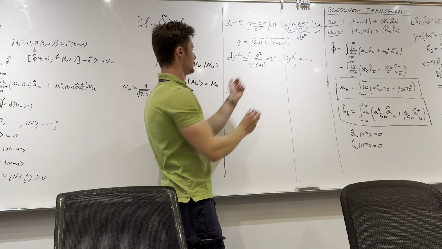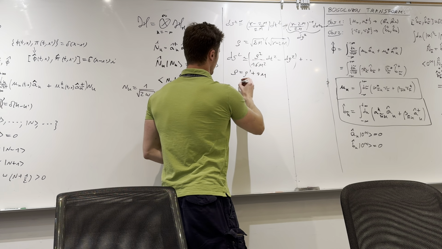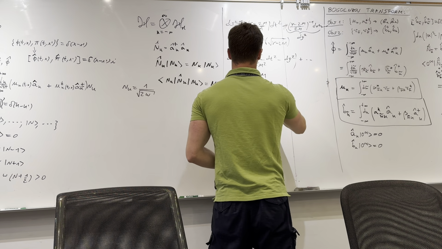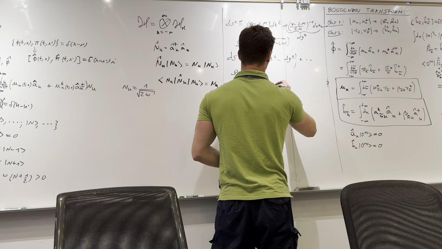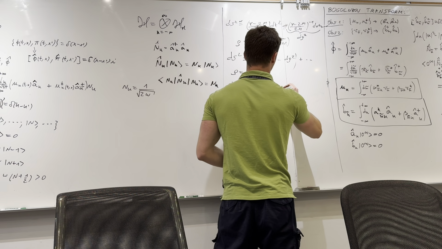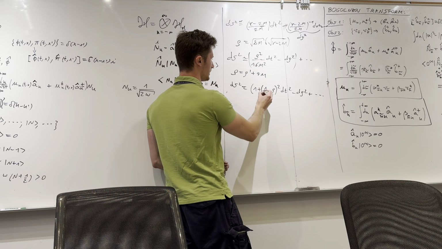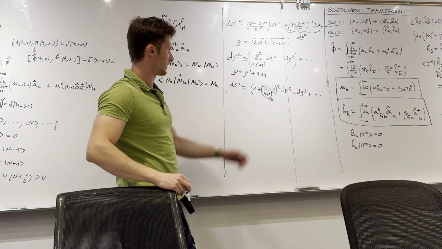So you can shift this ρ if you want, and then you are truly in exactly that form. So you have 1 plus 1 over 4 times ρ squared dt squared minus dρ squared, and so on. So you can read off that the acceleration is 1 over 4m, which is the surface gravity of the horizon.